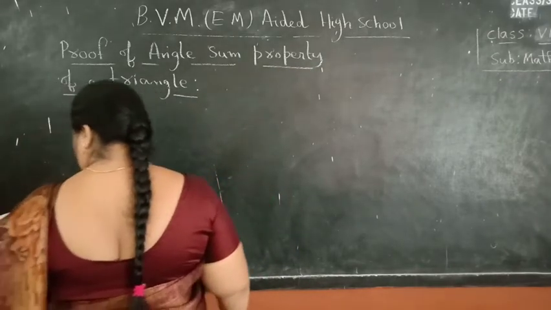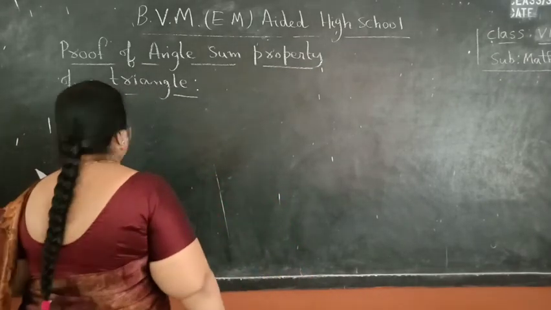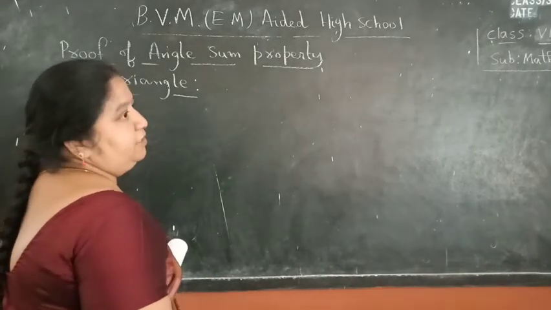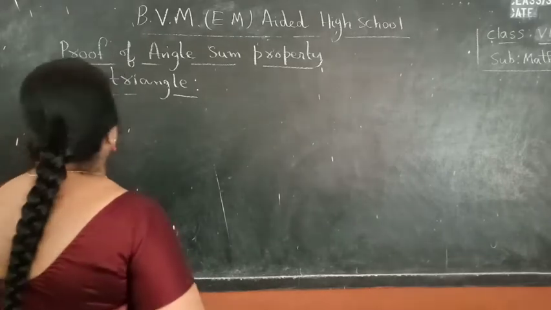Here you prove the sum of the angles of a triangle is 180. That is the statement.